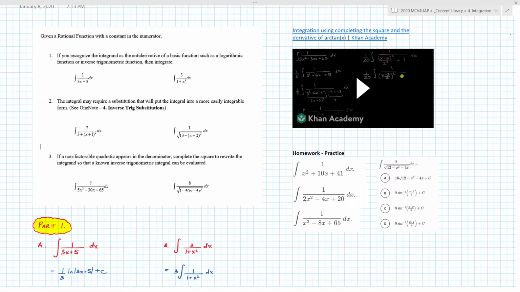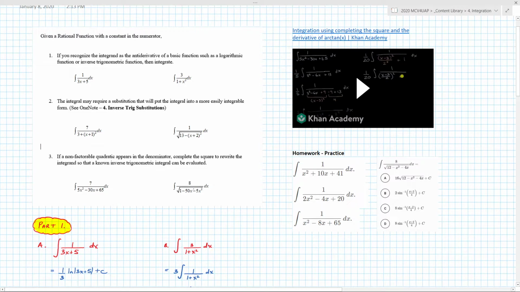And we're going to go through two examples. One of the examples has no square root sign, which we're going to try to convert to an arctan integral. And the second one has a square root, has a non-factorable quadratic under the square root sign.